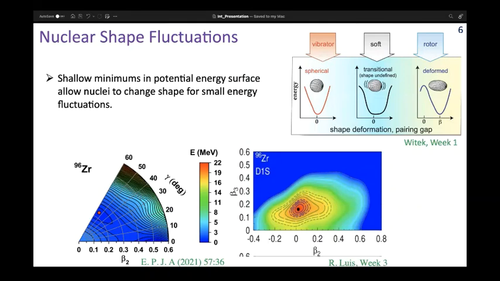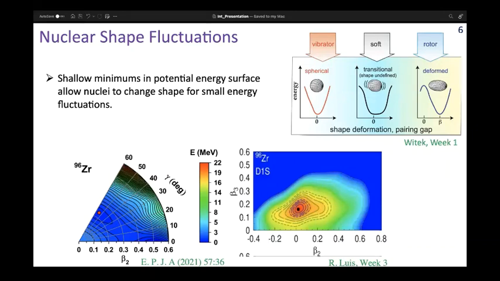Not only can you do all of this with the deformation parameters of a single type of deformation, you can do it with even different types of deformations. What I mean by that is you can draw the equipotential surfaces as a function of beta3, which is basically a deformation parameter for octupole deformations, versus beta2, which is the deformation parameter for quadrupole deformations.